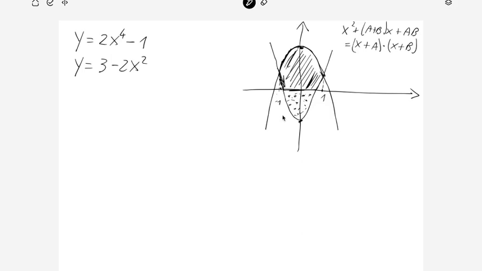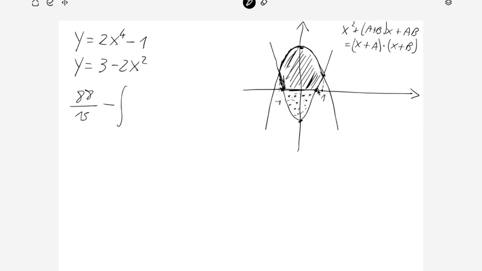We compute this area, and then we do the total, which is 88 over 15, we write here, minus the integral from this point that we have to compute to this point of the integral of this function.